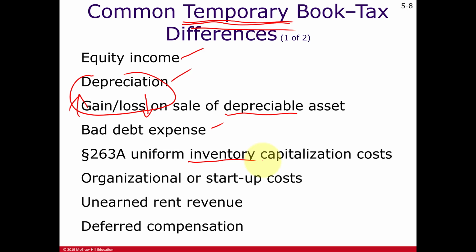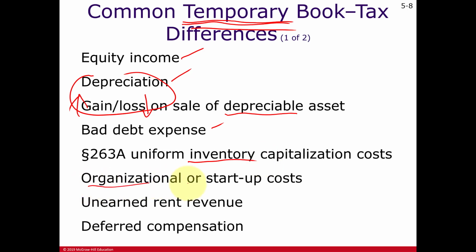You can usually deduct a lot of that overhead cost, especially if it's administrative, not really direct into that item being manufactured. So in the case of tax, it kind of slows down the deduction. But when you eventually sell the inventory, it catches up. So again, just a timing difference.